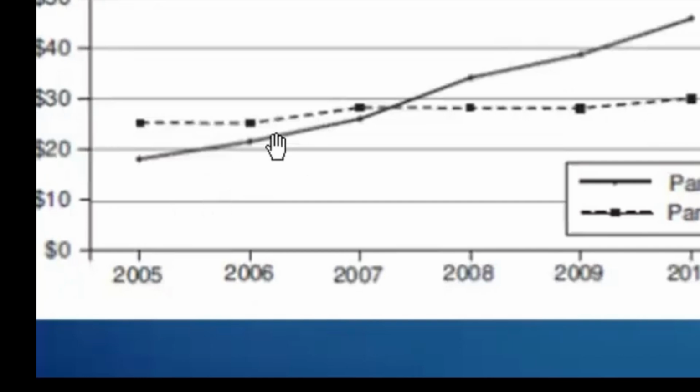And so we can make a determination which line is steeper between 2006 and 2007 and 2009 and 2010. So just keep that in mind when you're looking at these graphs. It's telling you a lot of information just based on the behavior of the lines, okay?